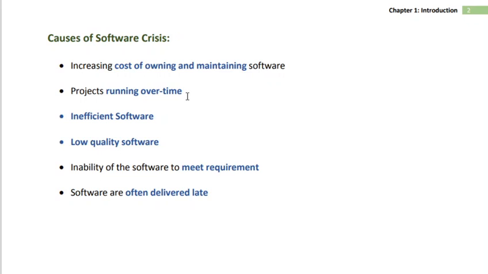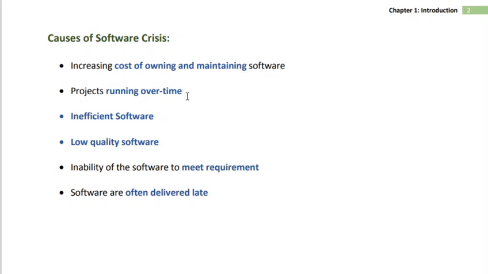Inefficient software. It may so happen that the software system that is being built is not capable of delivering the expectation of the customer in terms of precision, in terms of correctness, in terms of the quality of the results. So a software system may be a highly inefficient software. Low quality software.